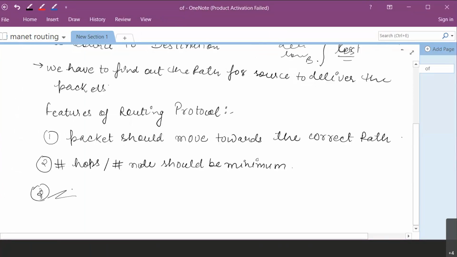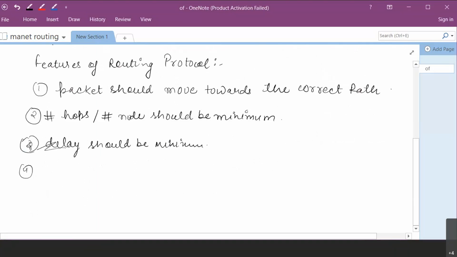So third point, delay should also be minimized, because in wireless communication, the cost parameter used to measure the performance from one link to another link is the delay factor, and in wired communication it is the distance. The delay can be taken as a cost.